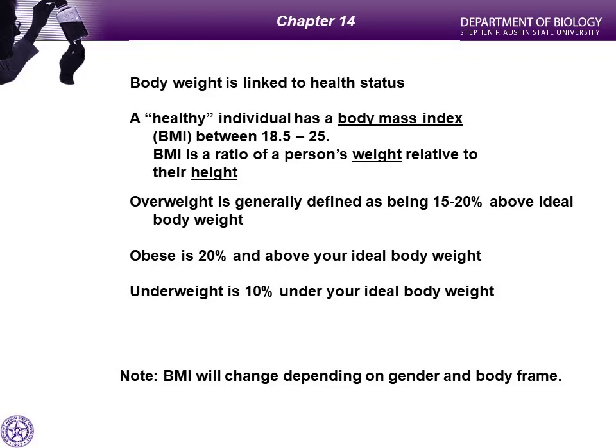But BMI is a percentage. It's a ratio of your weight to your height. And it is a very, very tough standard. So being overweight is being 15 to 20% above this BMI. Most of us are going to fall into this category, unfortunately. Even as healthy as we may all feel and seem, because of this BMI thing that is so strict, most of us are going to be right here.